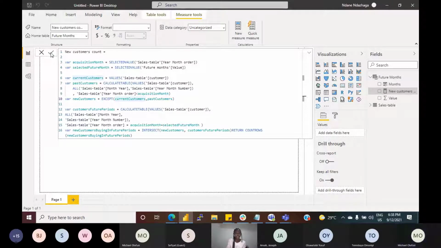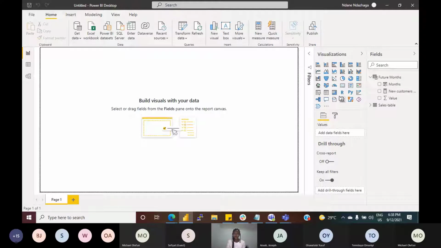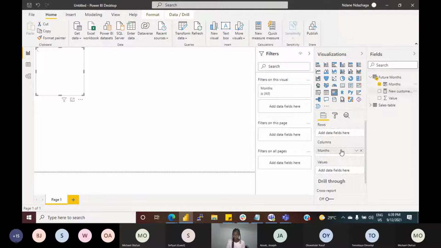So by the time you're done, this one has gone already. The visualization tool that I use in Power BI is your matrix. Use your matrix table. You just drag and drop.